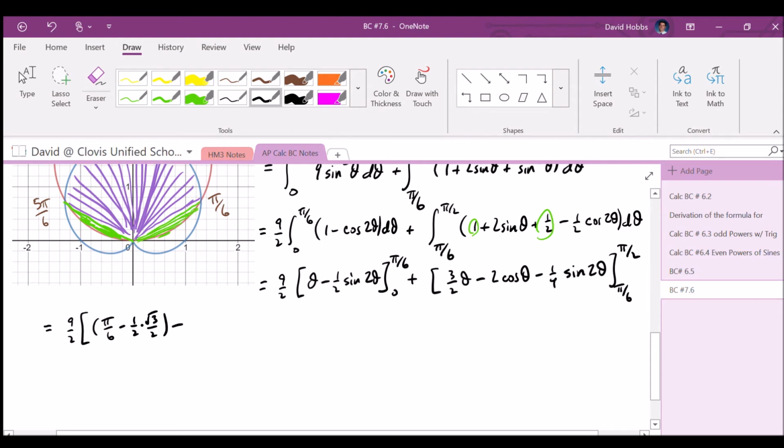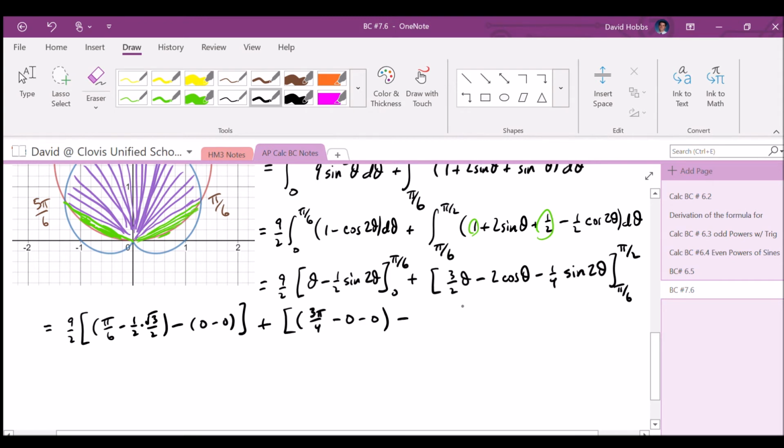And plugging in zeros, we get zeros for both parts. Okay, and moving along, I've got 3 halves times pi over 2. That would be 3 pi over 4. Cosine of pi over 2 is 0. 2 times pi over 2 is pi. Sine of pi is 0.